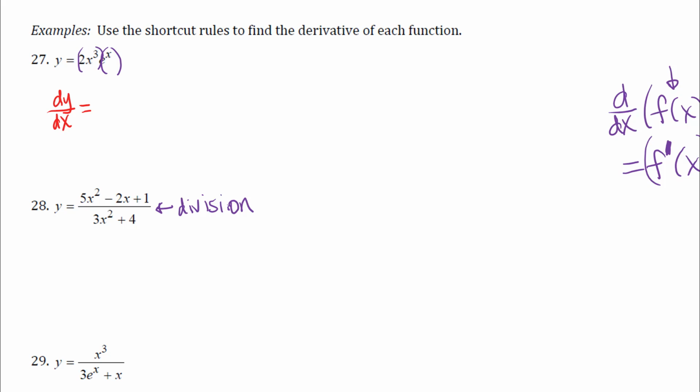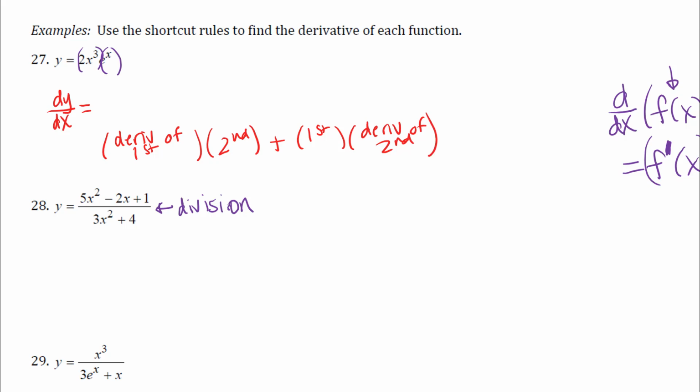Be sure that you're being good about labeling that. And I'm going to write some cues to myself down here below. So derivative of the first function times the second function plus the first function times the derivative of the second function. And you don't have to write those cues down there, but if you find yourself getting lost in the problem, that would be my advice, is to go ahead and write those things down.